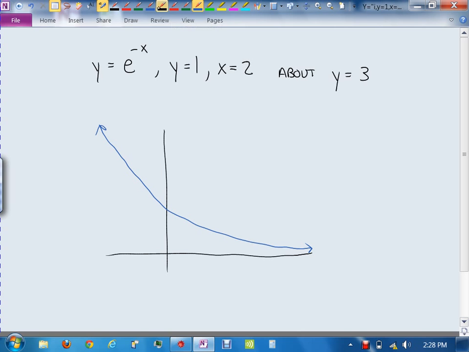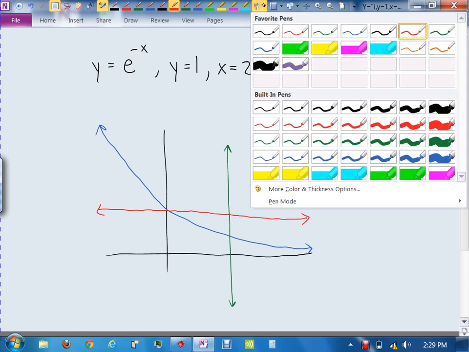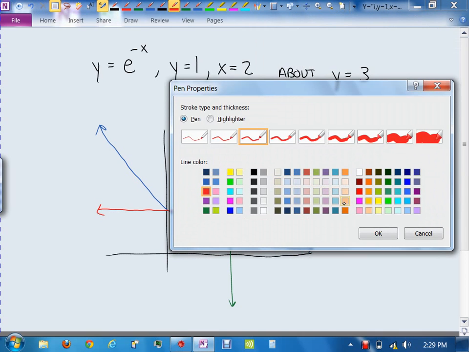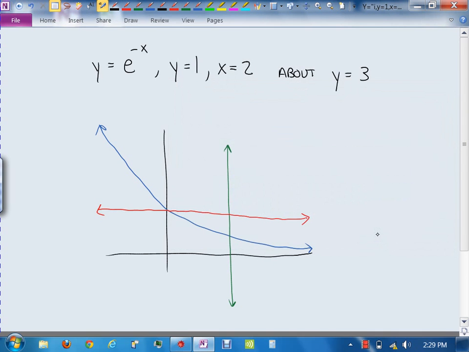X equals 2. I've done that. y equals 1. Okay, now here comes my y equals 3. Please pay attention to this. This is really, really important.